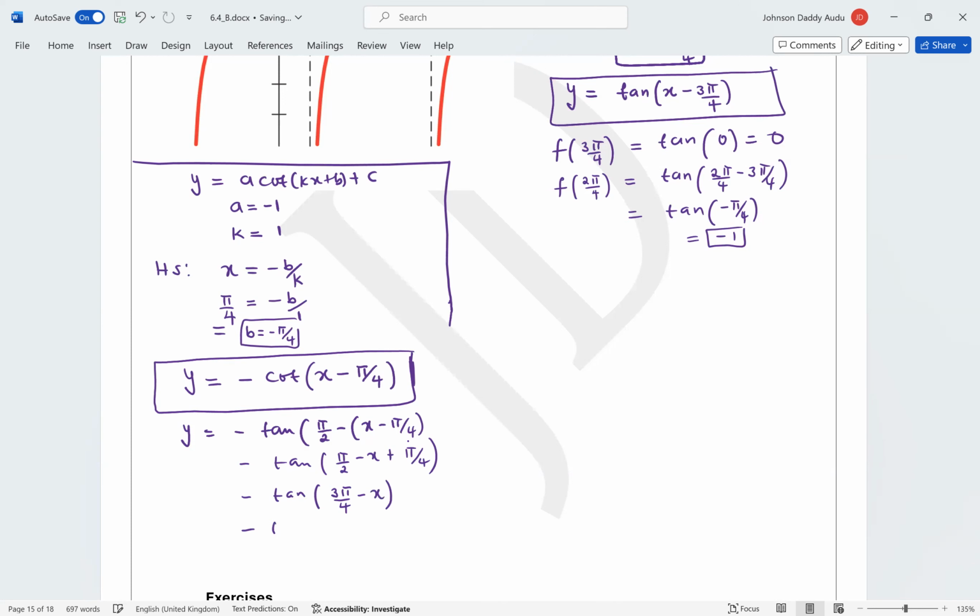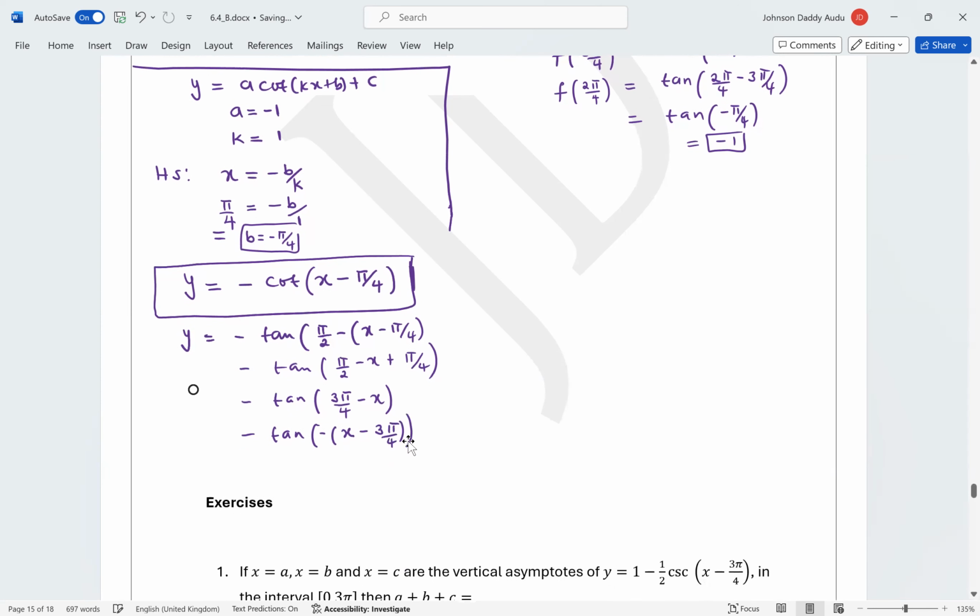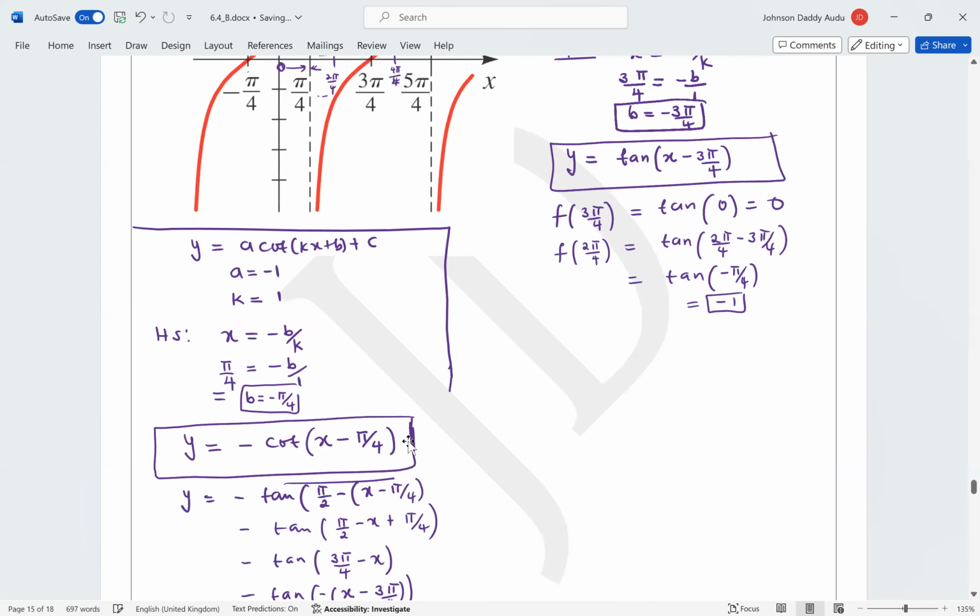And this is minus tan. If you take a minus out, you have x minus 3 pi over 4, you see? And now you can take a minus out because tan is odd. So this just becomes tan of x minus 3 pi over 4, which is the same thing as what we have here.